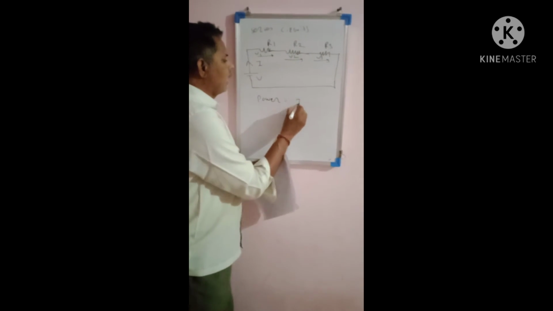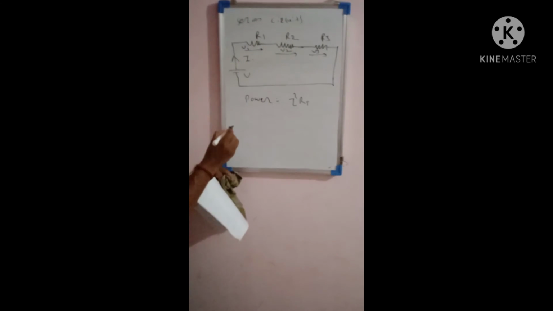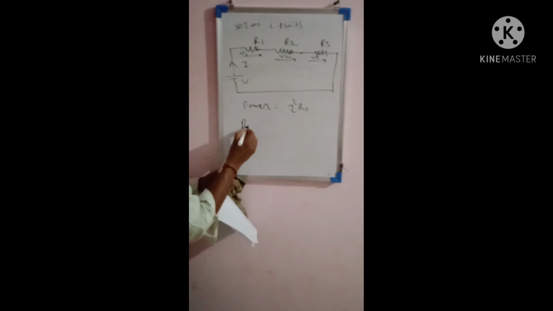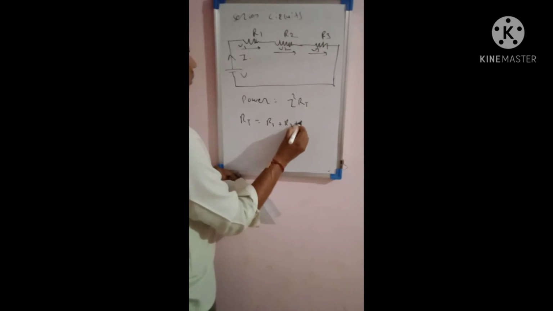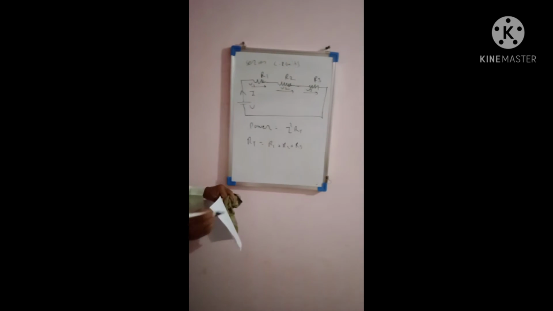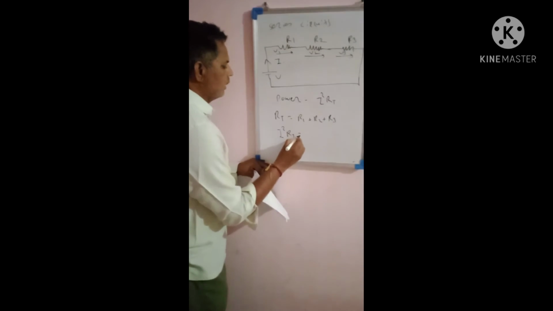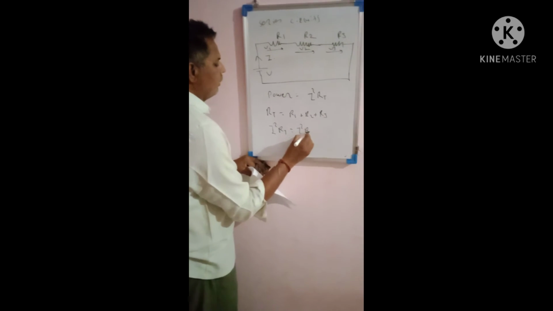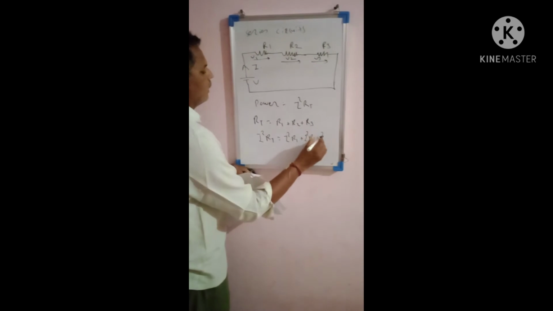Power is I square into R_T. Now we multiply both sides by I square. This becomes I square R_T equal to I square R1 plus I square R2 plus I square R3.